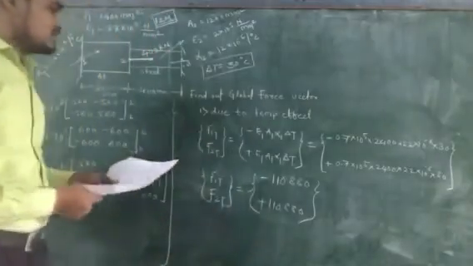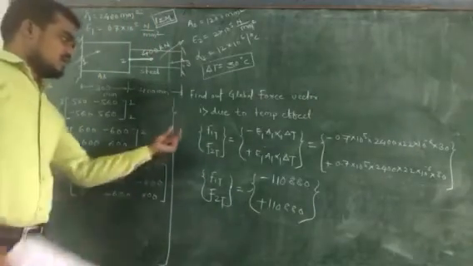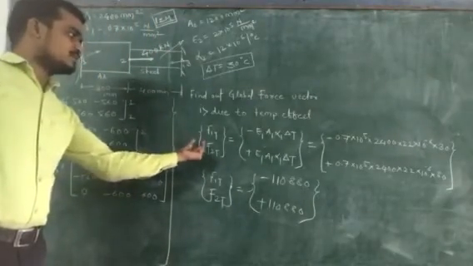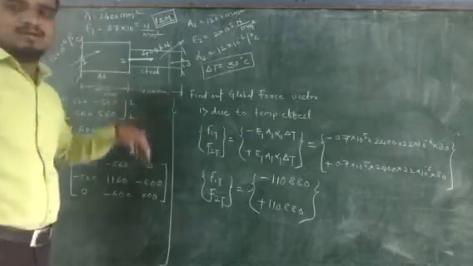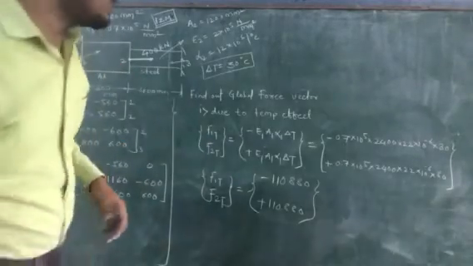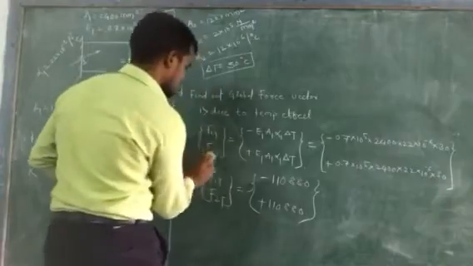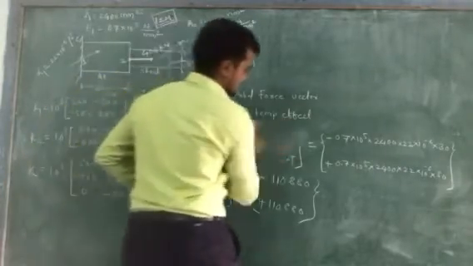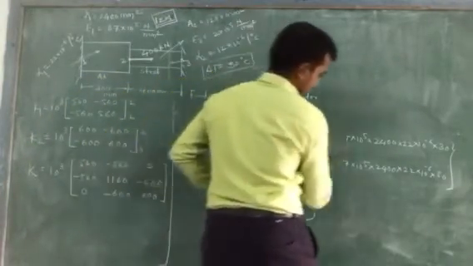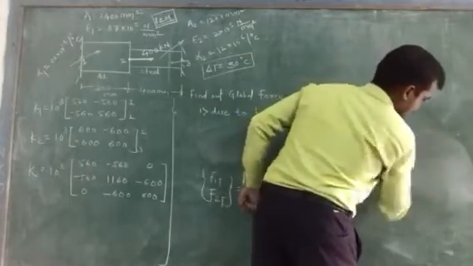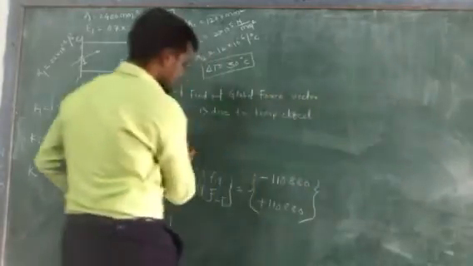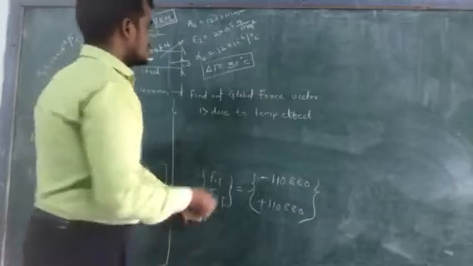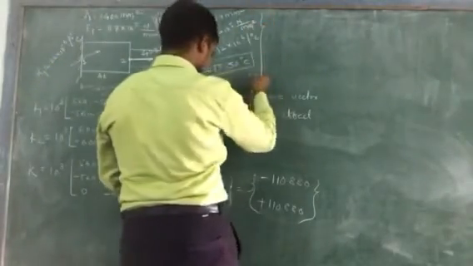So this is the nodal force vector due to temperature effect for first element. Okay, now for the second element, we need to find out the nodal force vector due to temperature effect. So first, I will write this value here.